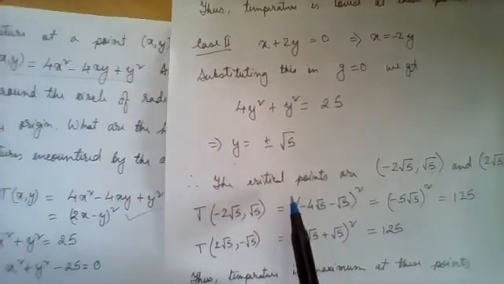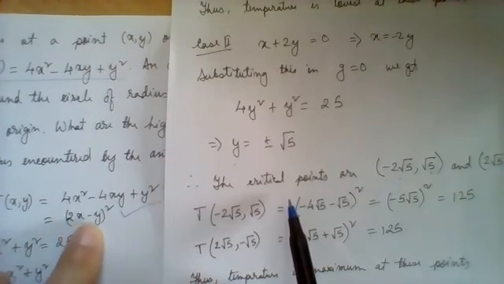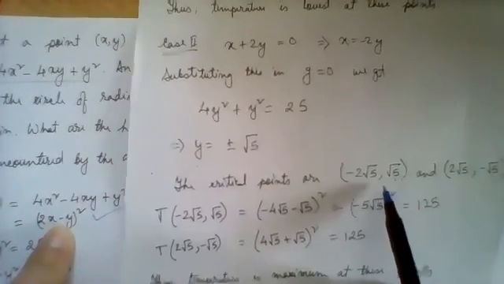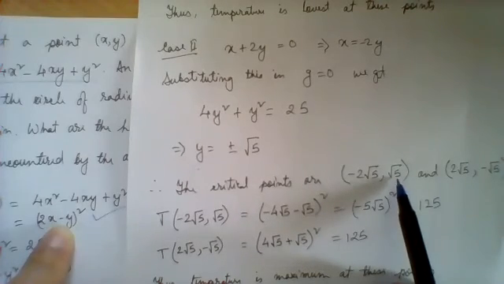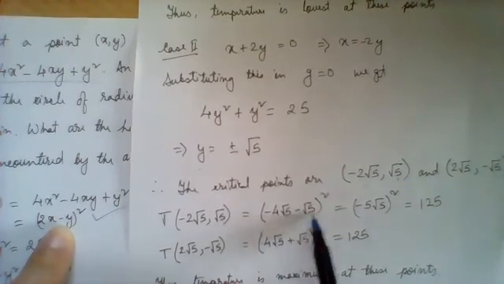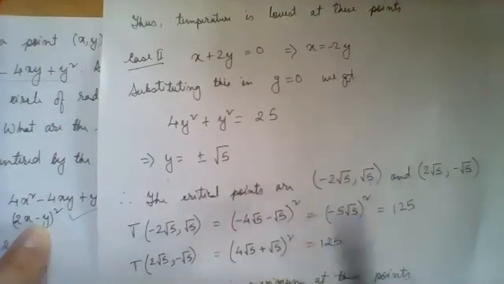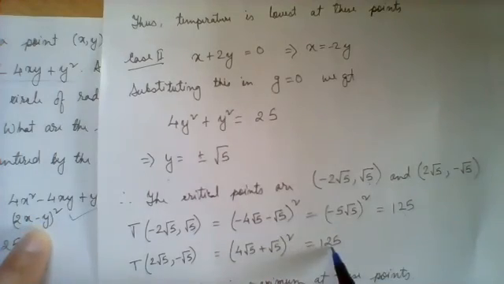At these two critical points, you calculate T as (twice x minus y) whole squared, which is 125. Similarly, T calculated at these 2 points is also (twice x minus y) whole squared, which is again 125.